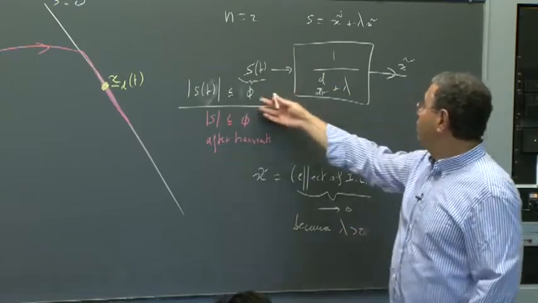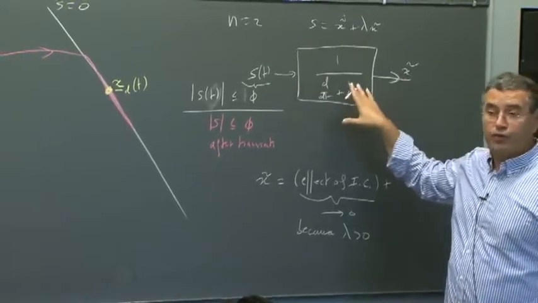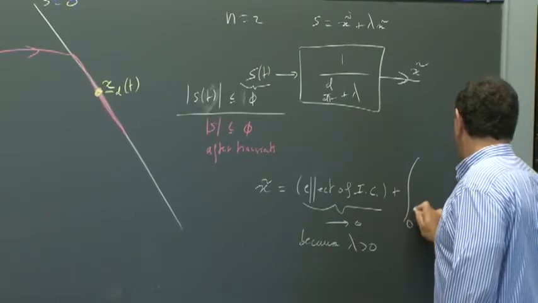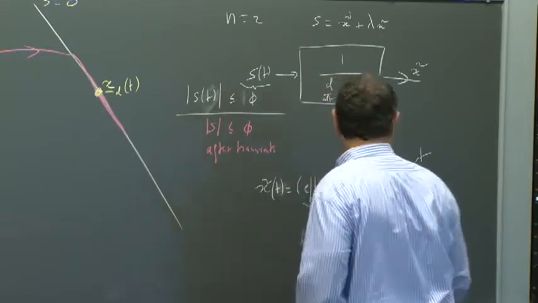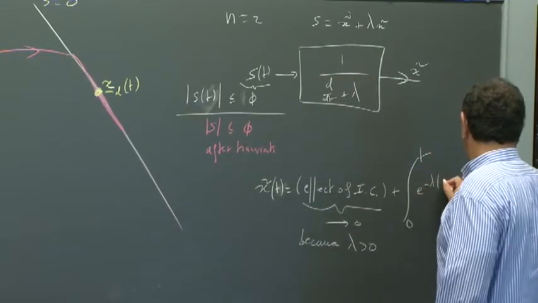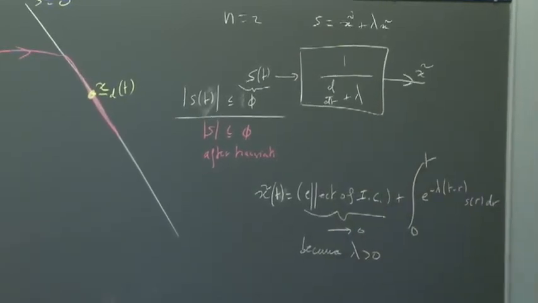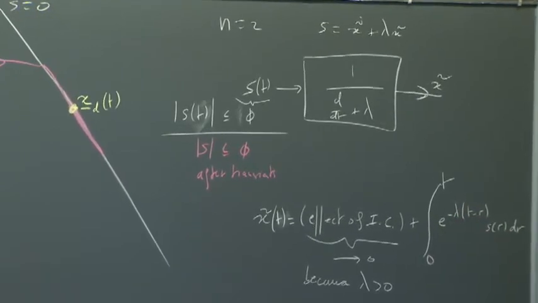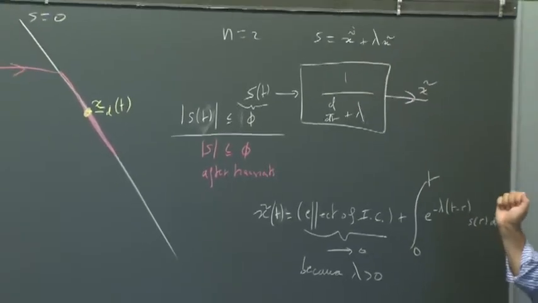And then the convolution integral of the impulse response of this filter with s. So x tilde of t is the sum from 0 to t of e to the minus lambda (t minus r), s of r dr. That's what we have if we look at this differential equation.